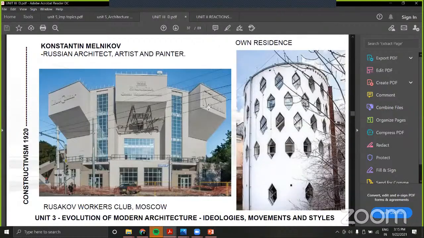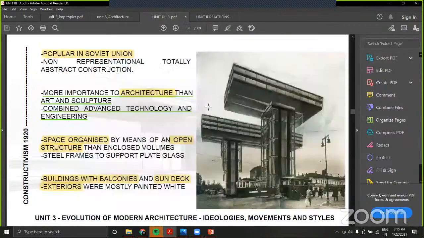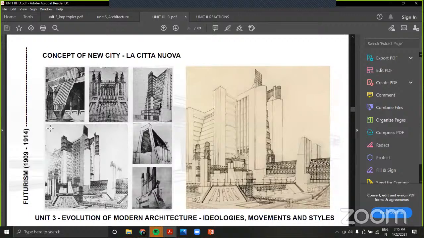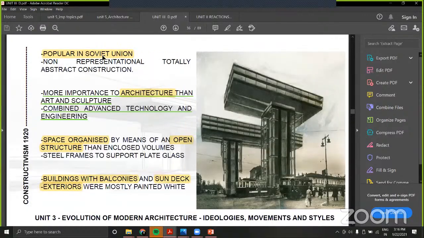So we will be seeing constructivism, which is from 1920 and popular in the Soviet Union: non-representational, totally abstract construction, more important to architecture than art and sculpture.